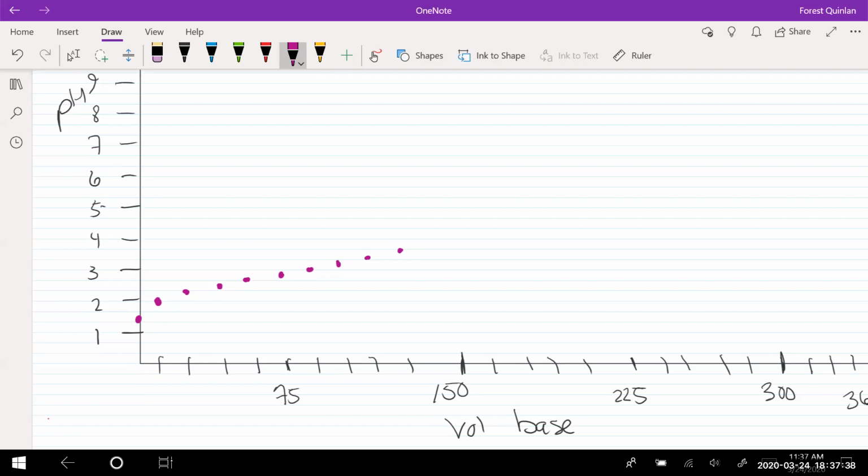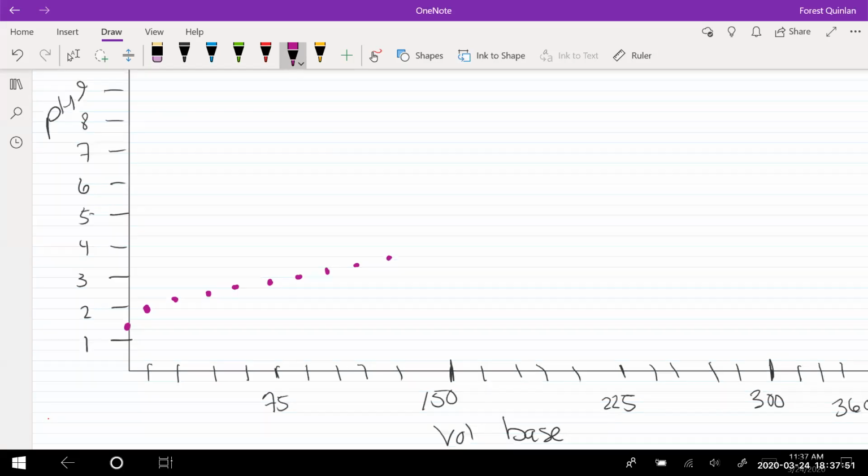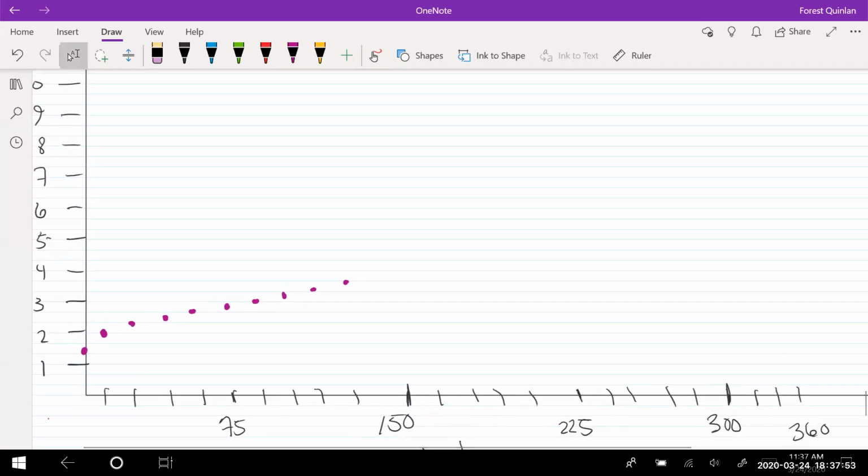Sorry. That's 4. Was it 4.27 or something like that? First endpoint was 5.15. Was it really 5? Oh yeah, 5.15.